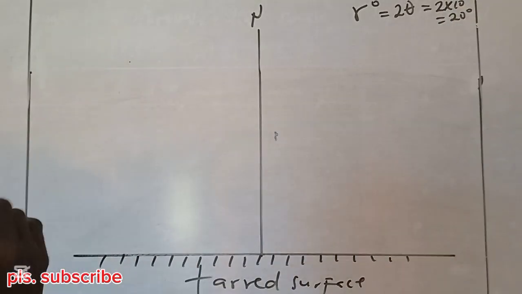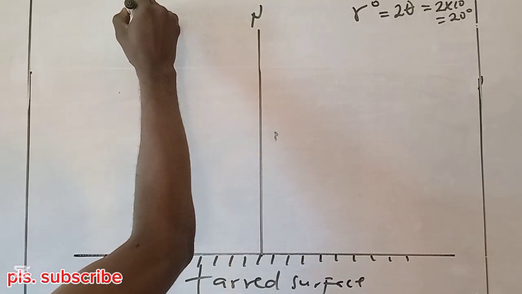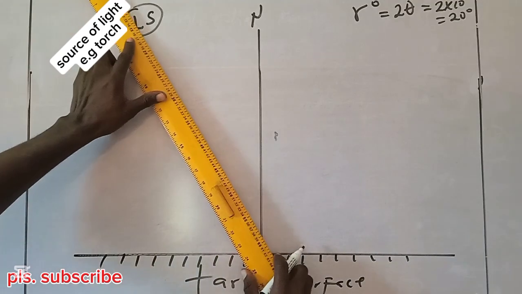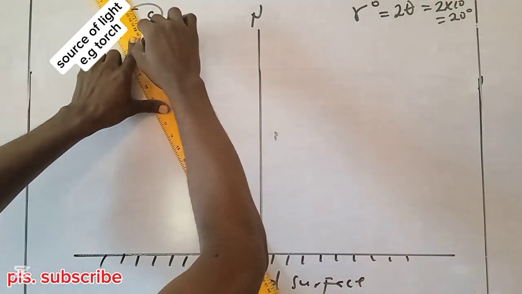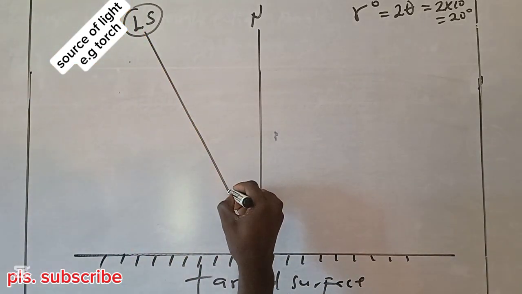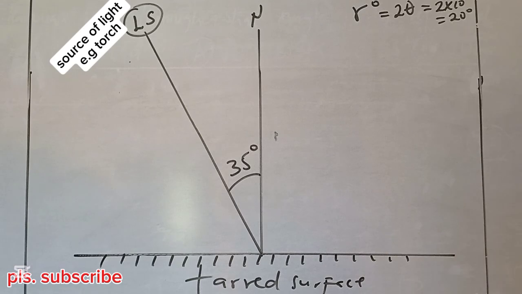Let's prove it using our construction lines. Recall, there is a light source, and one of the rays coming from that light source will strike the mirror at an angle of 35 degrees.